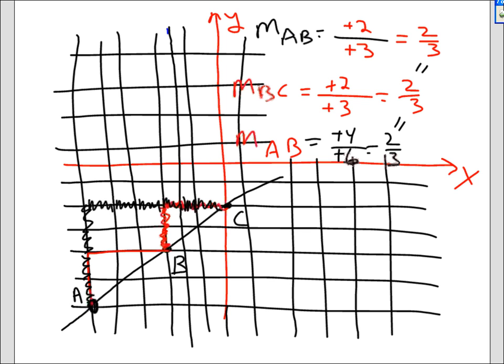All of them are equal. If you had perfect graph paper, you wouldn't have had to draw another line. The slopes are, and I do have a typo, it's not MAB, but it's the slope between A and C. They're all the same slope, 2/3.